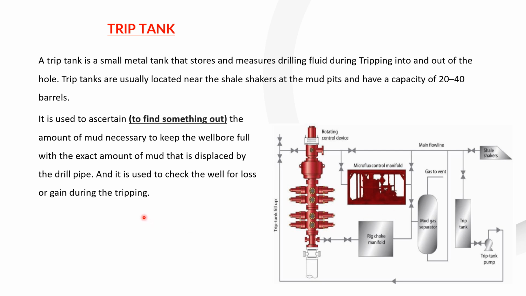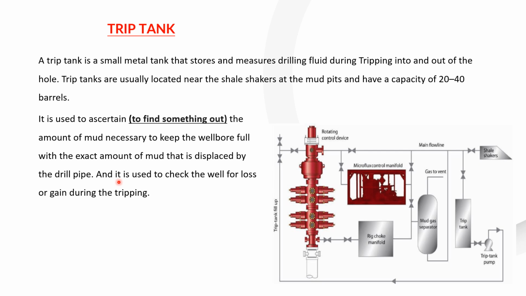And also, the trip tank measures how much mud is pumped to the hole while tripping, and after the drill pipe is lowered in the hole after the operation, how much mud the trip tank gains.